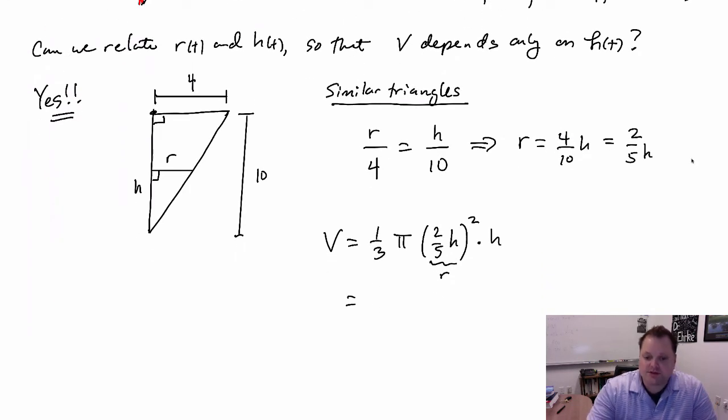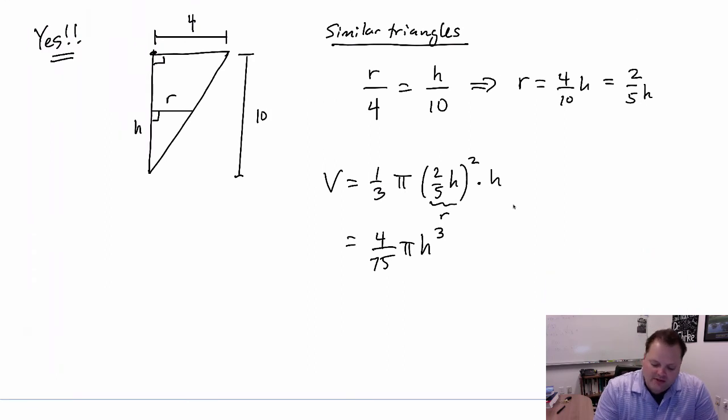So this is 2/5 squared, which is 4/25, times 1/3 would give 4/75 pi. And then you notice you've got an h squared and an h, which gives h cubed.